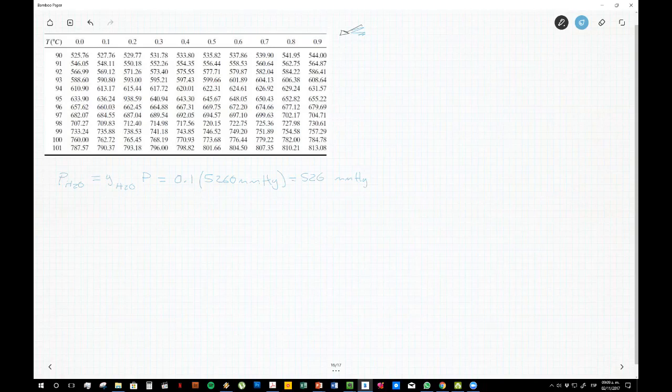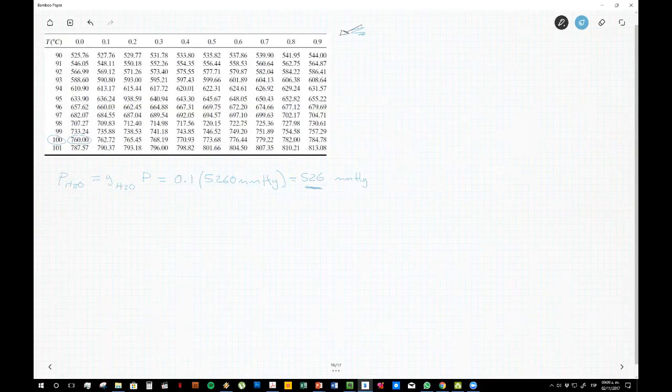And then we can see at what temperature this pressure would be saturated, right? We can go to the table. That's why we have the table over there. So if you pay attention, we have the temperature at 100 Celsius in the problem, right at the beginning. So of course, at 100 Celsius, you should know that the vapor pressure is 760 millimeters of mercury.